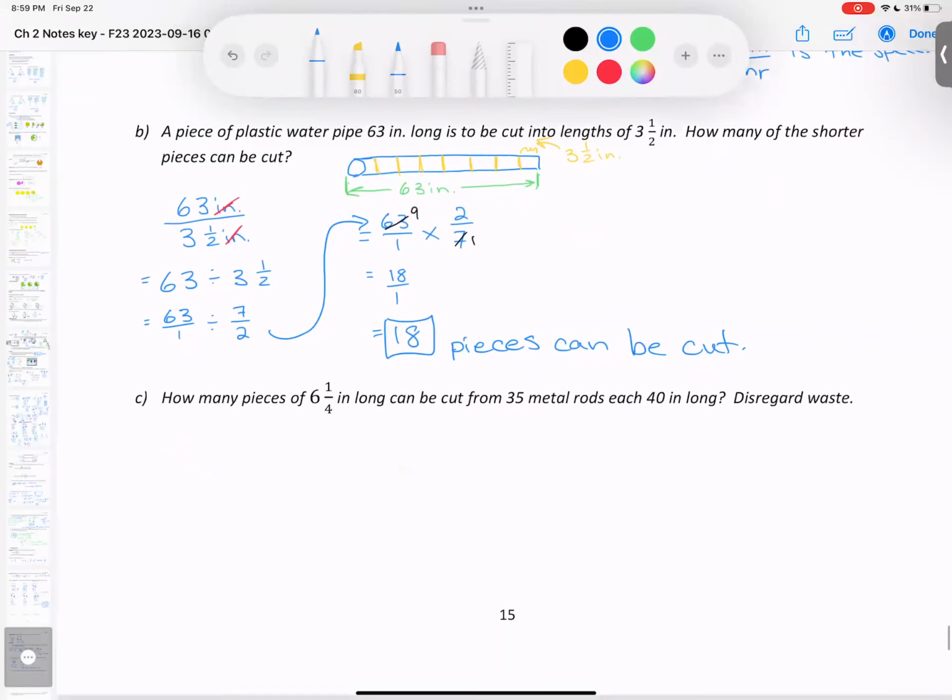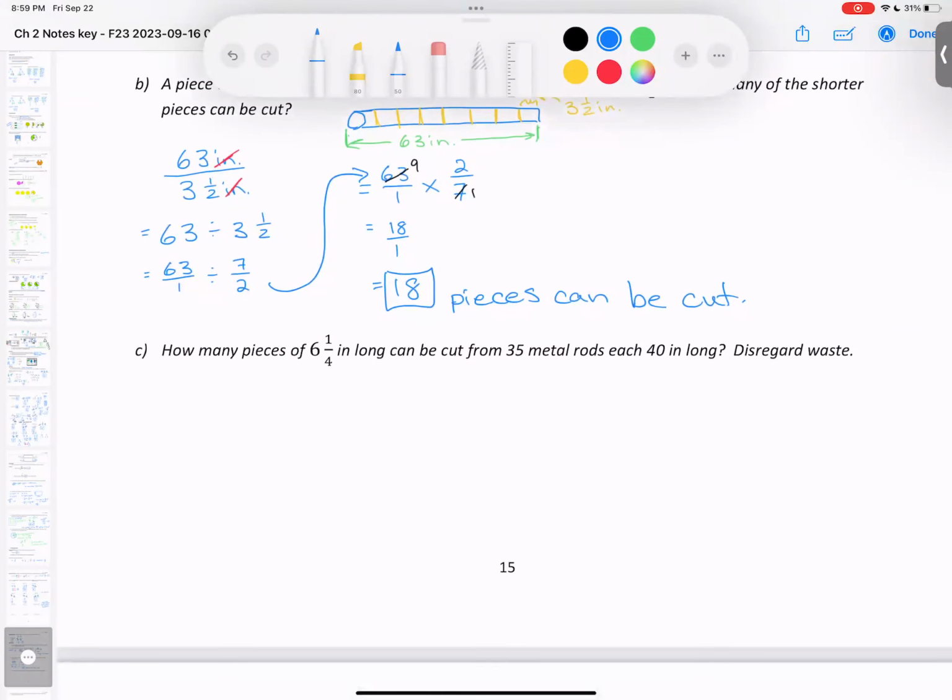Okay. Let's take a look at this next one. Oh, and there's a couple of corrections here. So I would like you to just cross off that "of," and don't worry about this last bit about disregarding waste. So we want to know how many pieces that are 6.25 inches long can be cut by 35 metal rods that are each 40 inches long.